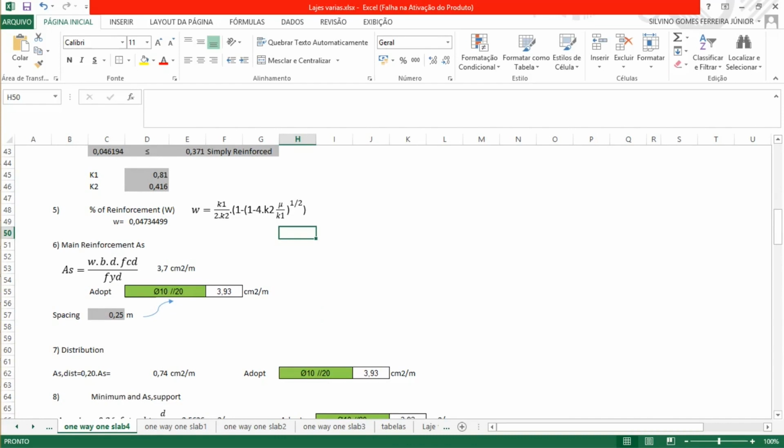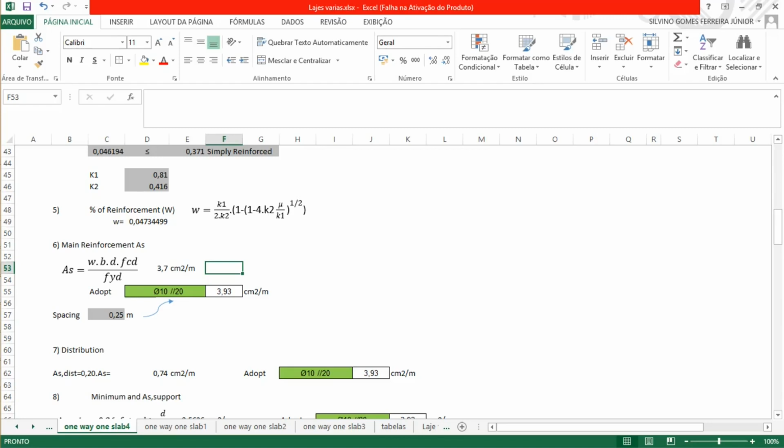And the equation to get how much we need for the main reinforcement is this one. The percentage multiplied by B, multiplied by D, multiplied by FCD, divided by FYD. Would give us 3.7 square centimeters per meter.